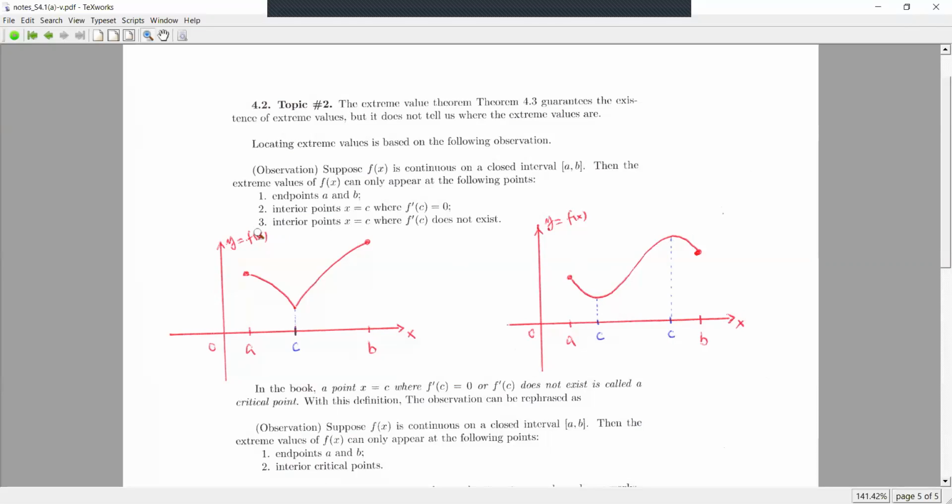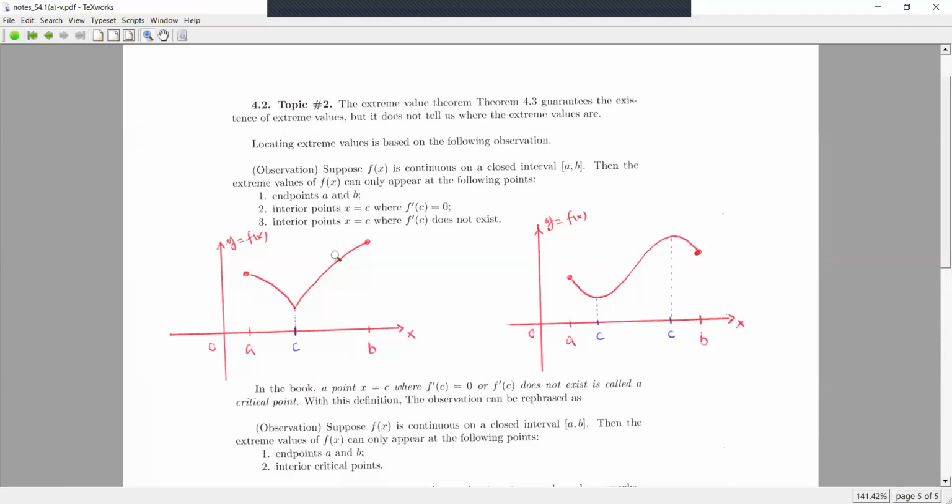Number 3, maximum and minimum can appear at interior points where the derivative doesn't exist. The derivative doesn't exist means that the curve has a corner there. This is one example.